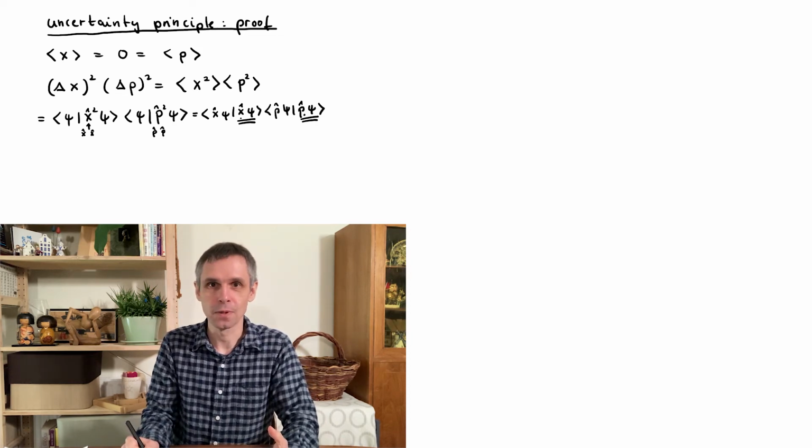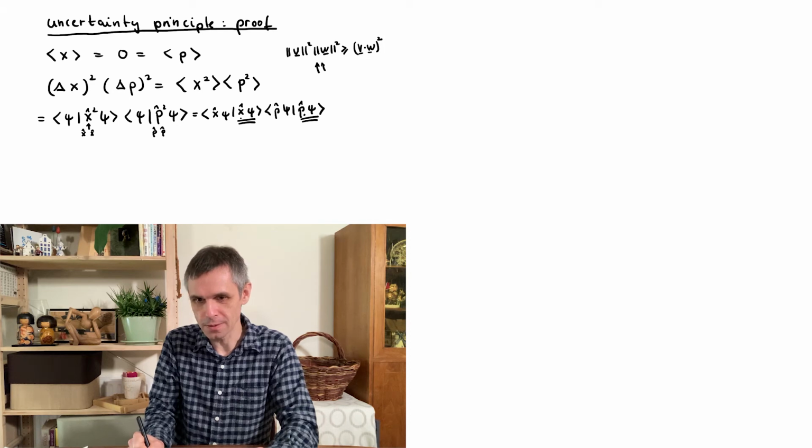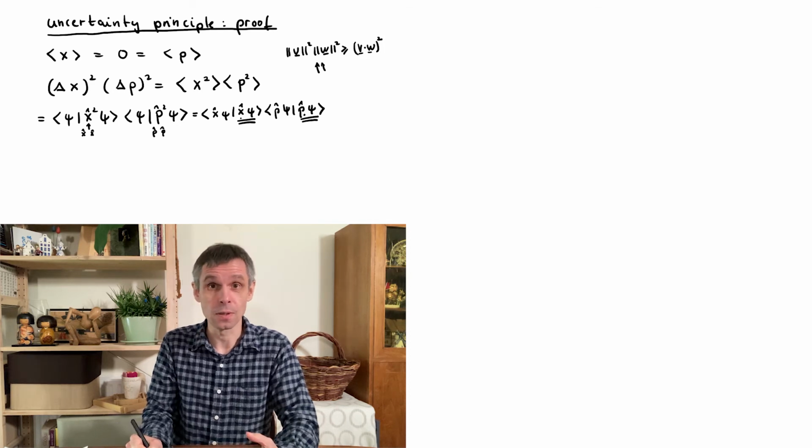Next, we are going to exploit a relation that you might be familiar with from vectors. Namely, when we multiply the squared length of two vectors, then this will always be larger than the square of the dot product between the two vectors. And these two expressions are indeed only the same when the two vectors are parallel to each other. And the same also applies to our complex versions of these dot products, our scalar products.